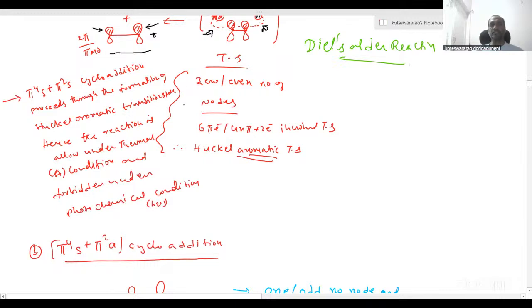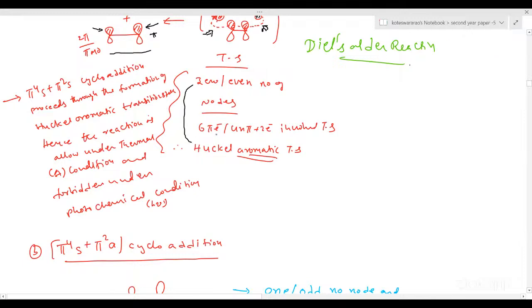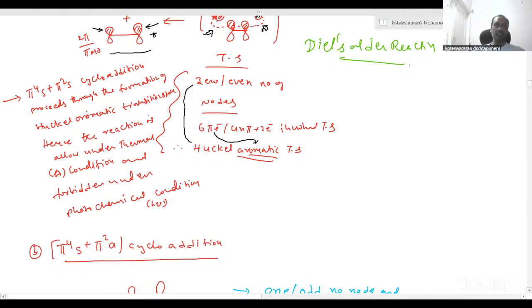Then the transition state is a Huckel transition state, and the aromaticity based on the number of electrons, 6 electrons, is Huckel aromatic transition state. When it becomes the aromatic transition state, that reaction is allowed under thermal condition and forbidden under photochemical condition. The pi 4s plus pi 2s cycloaddition proceeds through the formation of a Huckel aromatic transition state. Therefore, the reaction is allowed under thermal condition and forbidden under photochemical condition.